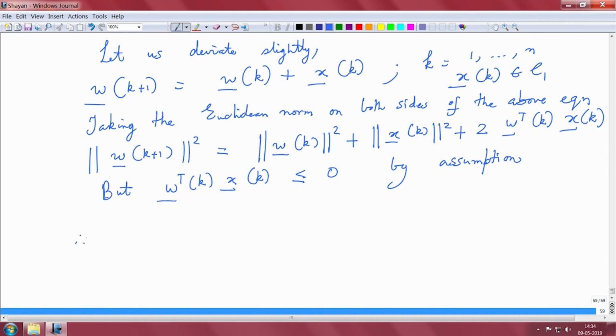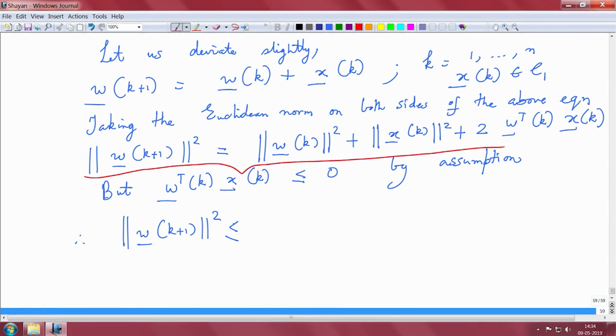Therefore, what we could write is norm w k plus 1 squared is, because this is a quantity which is 0 or negative, the left hand side of this norm equation that I have in red is less than or equal to norm w k squared plus norm x k squared, right.